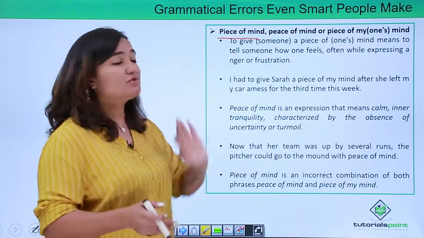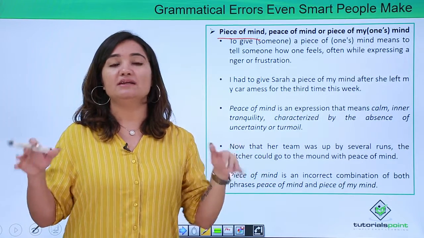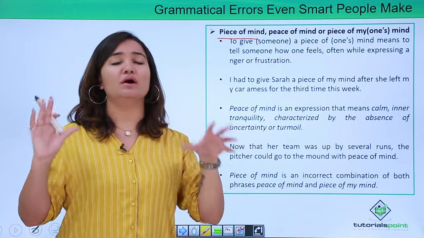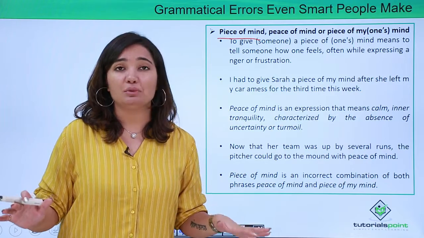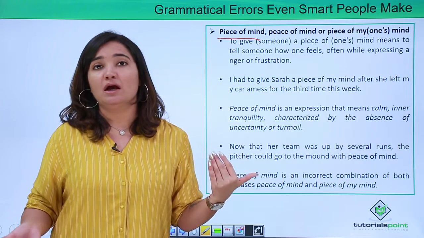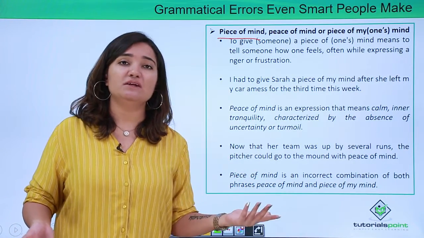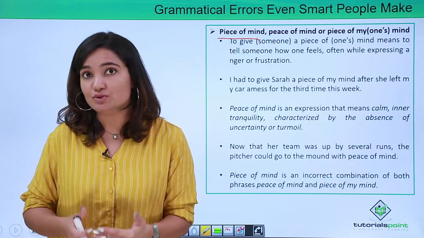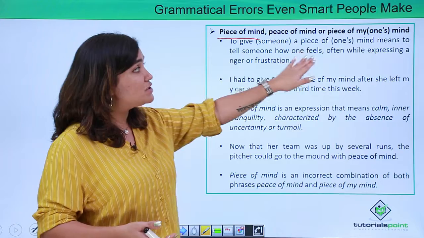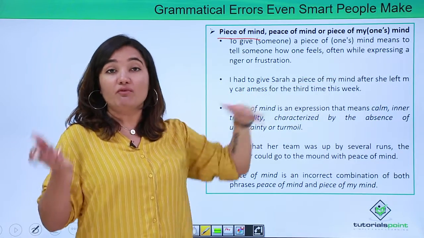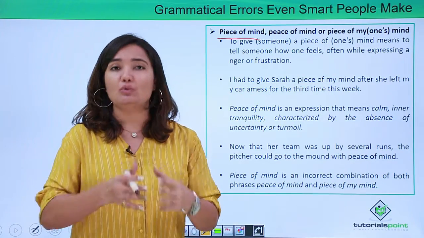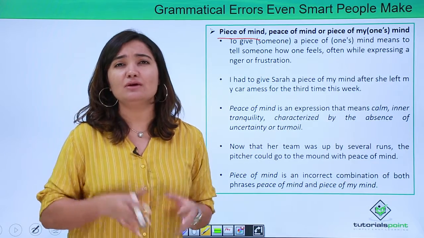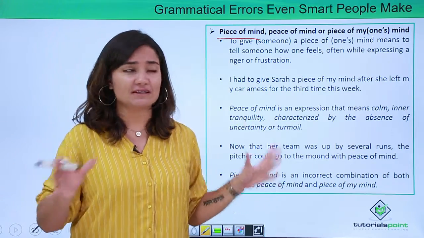So this peace of mind actually means that you are at peace with the surroundings, or you are happy with whatever is going on. For example, talking to her gives me peace of mind, right? So that is how you might want to use this. As far as piece of my mind or piece of one's mind is concerned, what does it mean? It is completely a different expression.